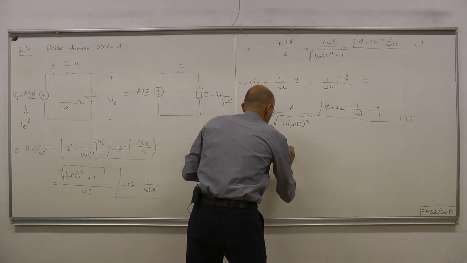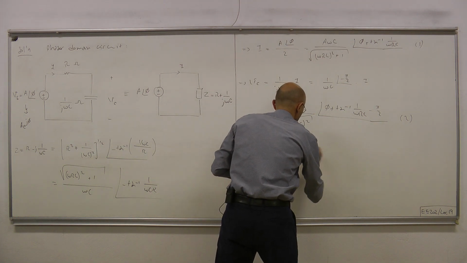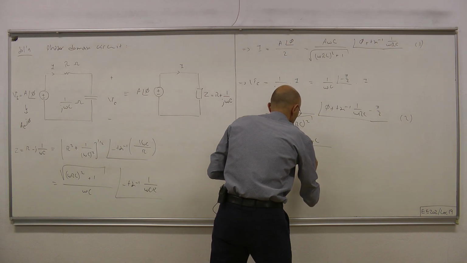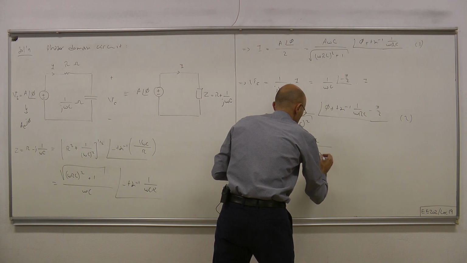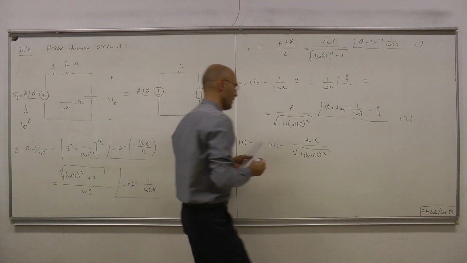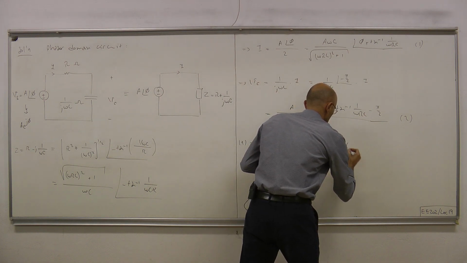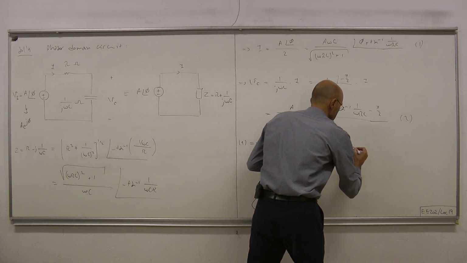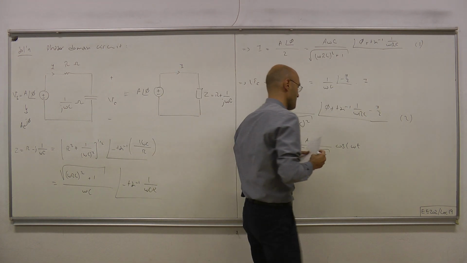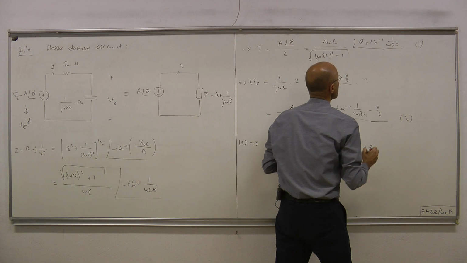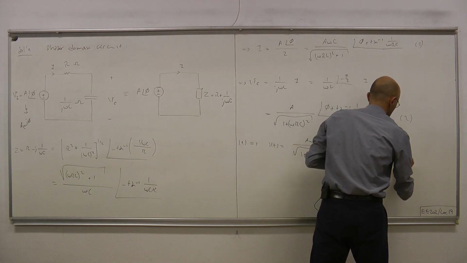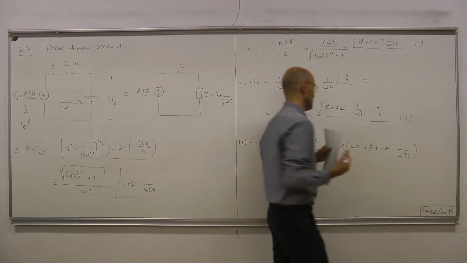I of t equals A omega C over 1 plus omega RC square. Okay, so that's our amplitude, cosine. Frequency is the frequency of the input, omega t, and phase is what appears here, phi plus arc tangent 1 over omega RC.